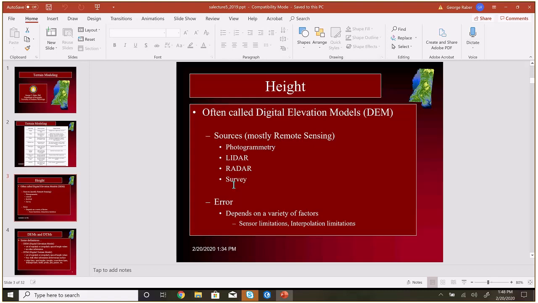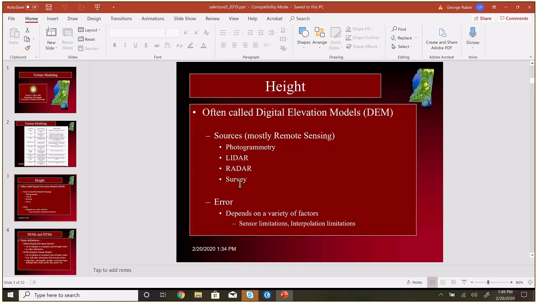Sometimes they call that a total station. And you could survey in a number of points and turn that into a digital elevation surface. Okay, we'll talk about the process of turning point data into a surface later. That is something that we cover in this class. But right now, I'm just going to say that you can use that.